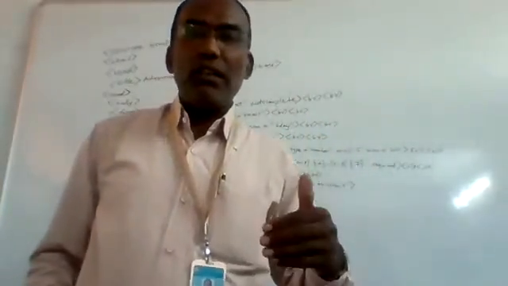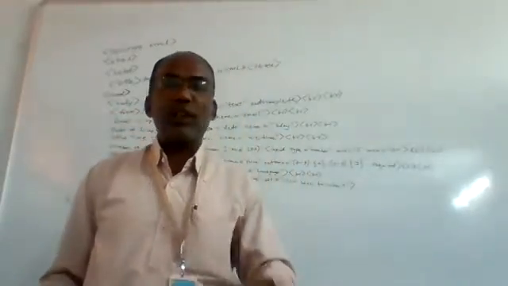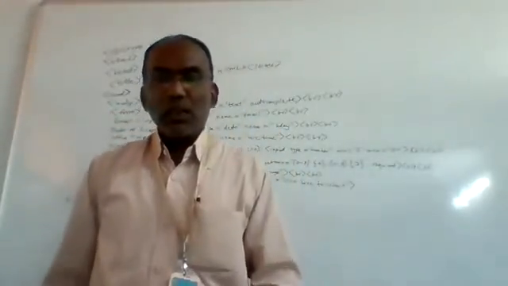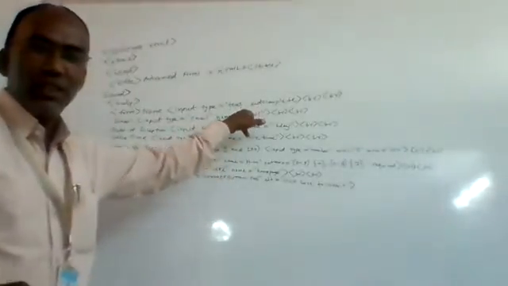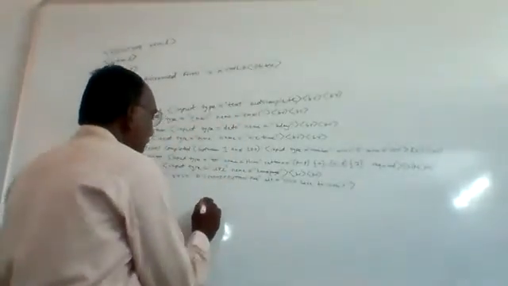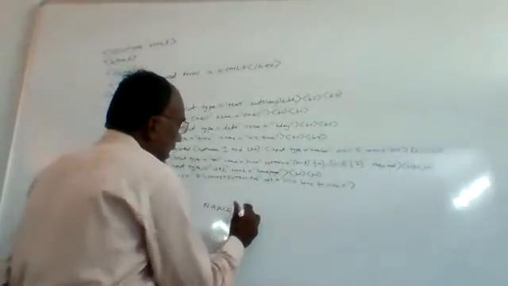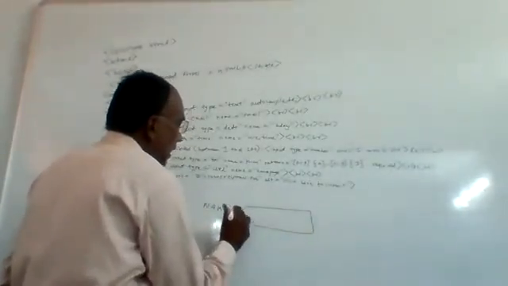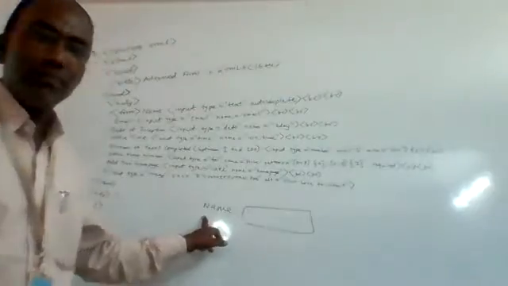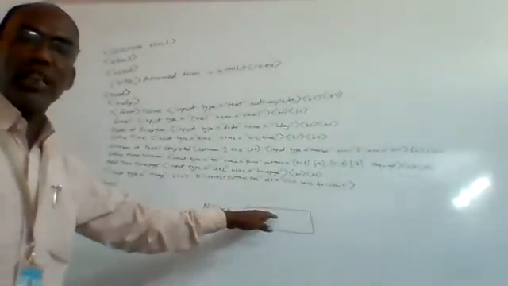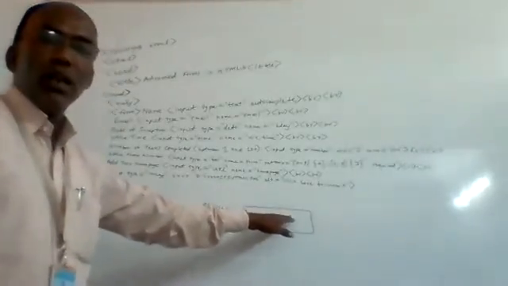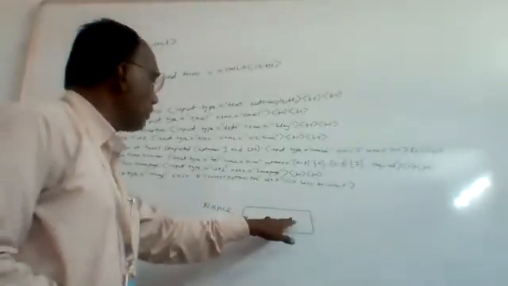Now as soon as we run or execute this program, it will display the output. Name. Now what do you have to input here? Text. Here the user inputs whatever name we want.